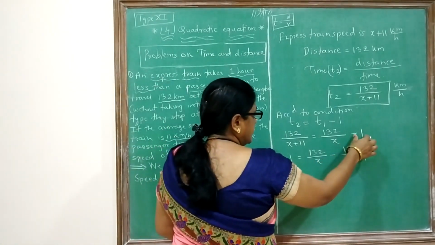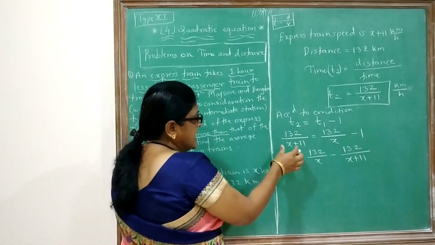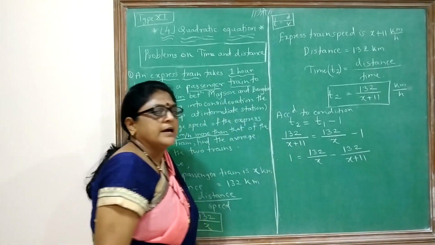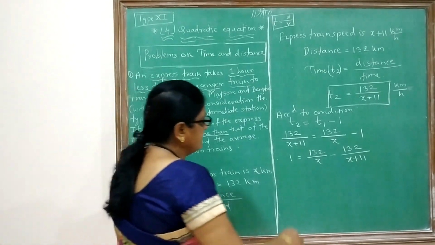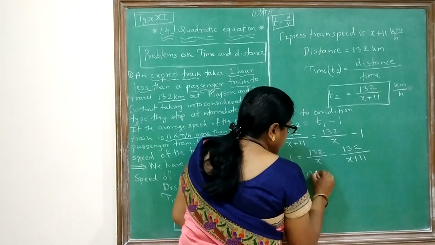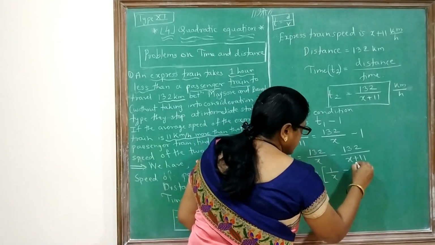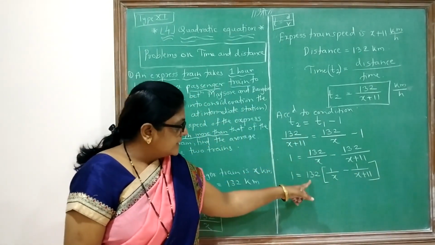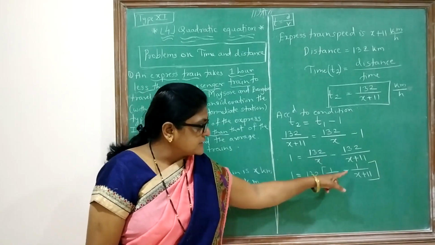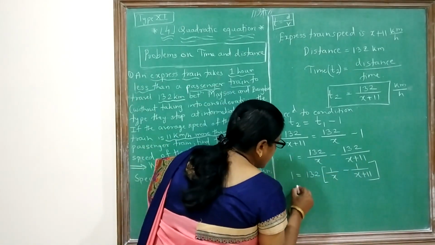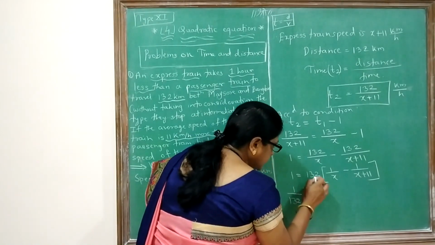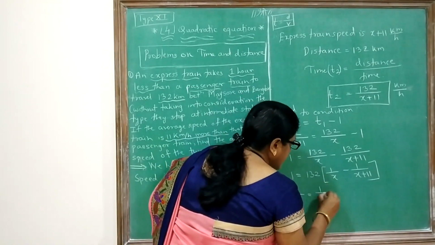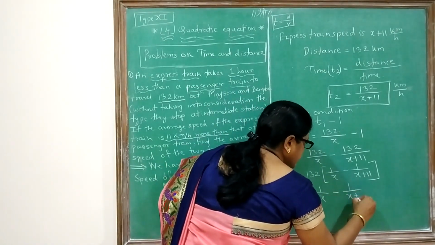Then take 132 common: 132 in bracket 1 by x minus 1 upon x plus 11. The 132 will be transferred to the other side, so 1 upon 132 equals 1 by x minus 1 upon x plus 11.